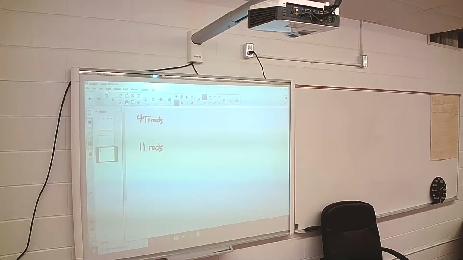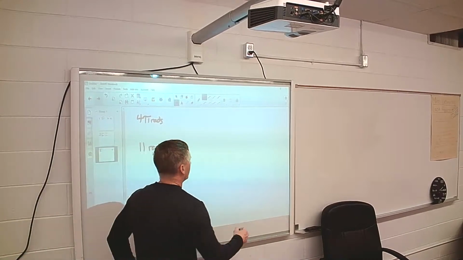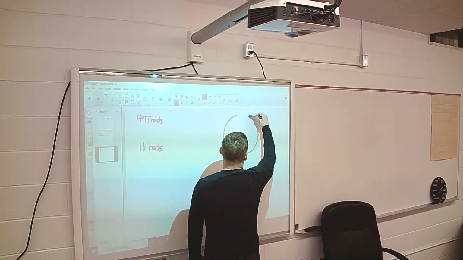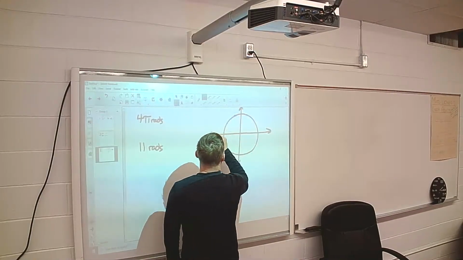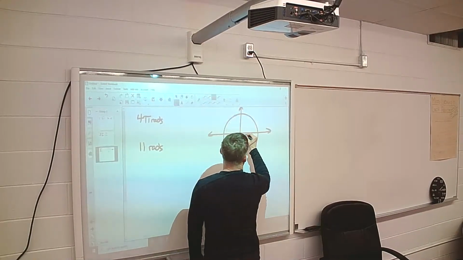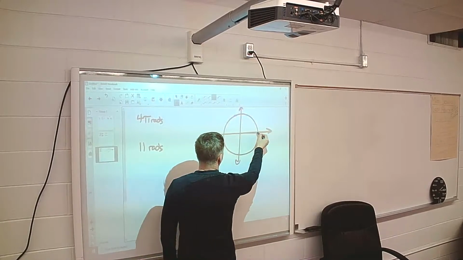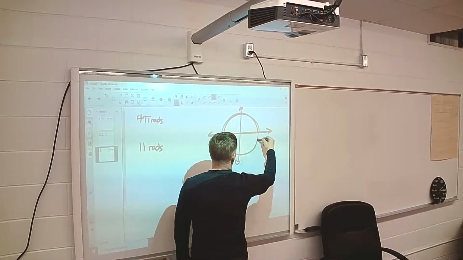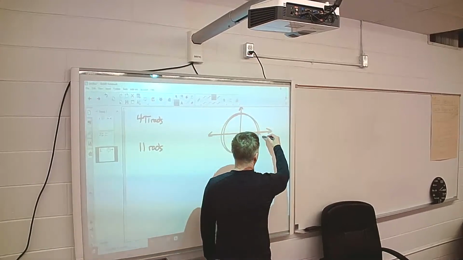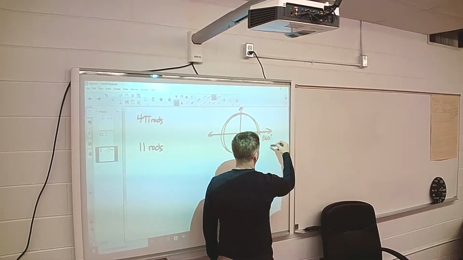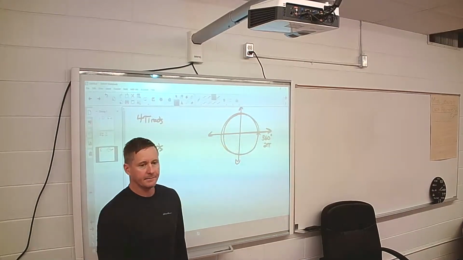Now, before I go much further than this, let's look at the circle again. Let's start right here. And let's go around the circle. How many degrees is once around the circle? 360 degrees. And how many radians is that? 2 pi.